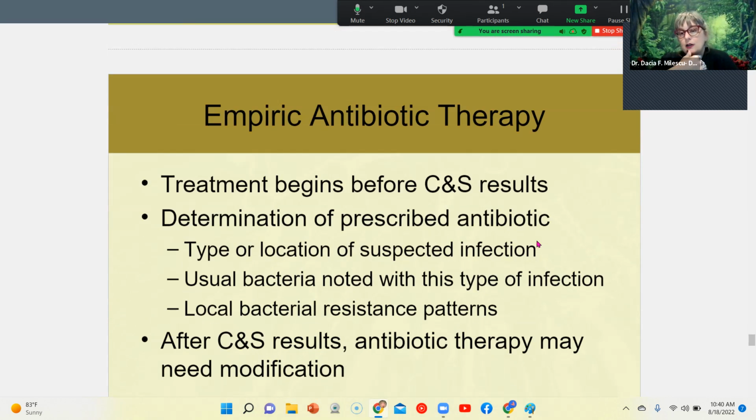The treatment begins with the culture and sensitivity report from the Kirby-Bauer test, doing the antibiotic disc and finding the zone of inhibition. All right, so that's the best way to be cheap and effective in treating the infection or suspected infection. The usual bacteria can be noted with a type of infection based on smell, based on look of the wound, and of course, based on the initial culture and sensitivity report.